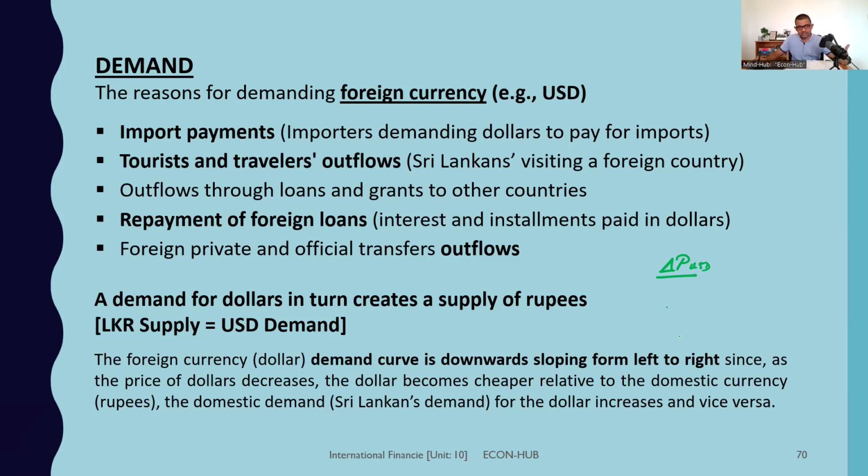You have to give it in another currency. The price of the dollar decreases, the quantity demanded of USD, how much USD we buy, will increase. Thereby showing us there is a negative relationship, which means the demand curve will be downward sloping.